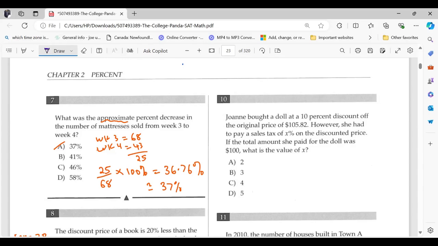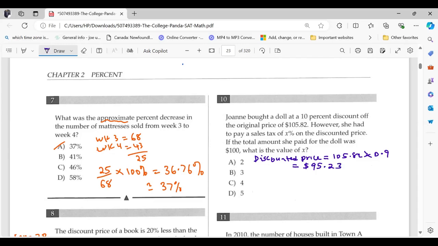So the discounted price is going to be 105.82 times 0.9, since 10% off gives 0.9, and that will give us 95.23.